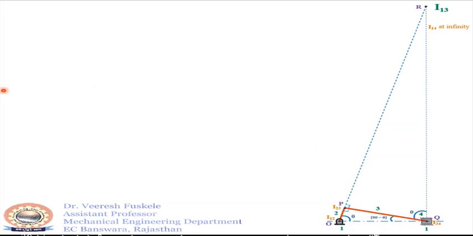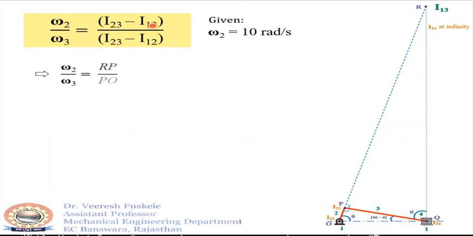We are already given omega 2, that is the angular velocity of link 2, as 10 radians per second. Now writing the angular velocity ratio theorem as we have seen in the previous video, omega 2 by omega 3 will be given by I23 minus I13 divided by I23 minus I12.